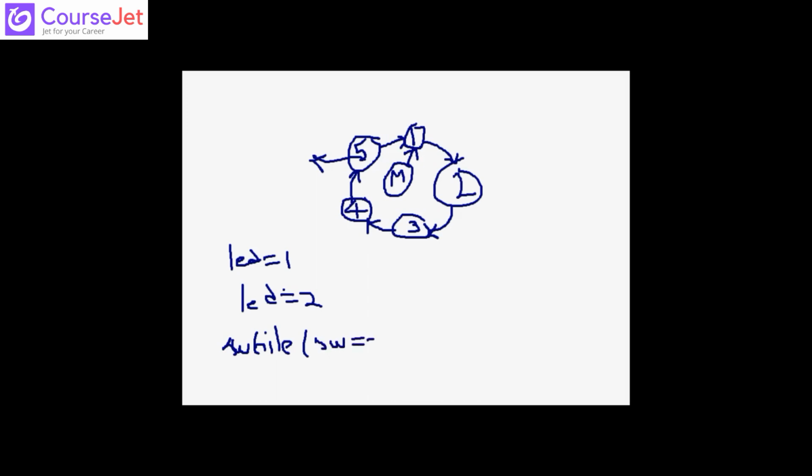Now what I am trying to say is, when my switch becomes on, this is my switch function. When I am executing LED 1, if at that time I turn on my switch, will it work? No. First it will execute LED 1 equal to 1, then LED 2 equal to 1, and only then will it come to this particular statement.